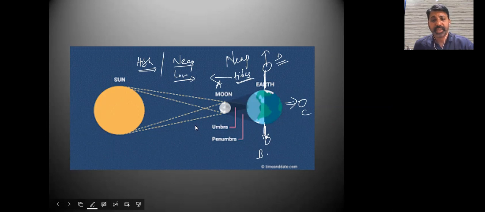Accordingly, the wave's characteristic behavior also will change. And these positions will change again on new moon day as well as full moon day. Again, on new moon day and full moon day, the quantum of tides also will change on the earth's surface. Am I clear? Any doubt in this so far about the relationship between the sun, moon, and the earth?